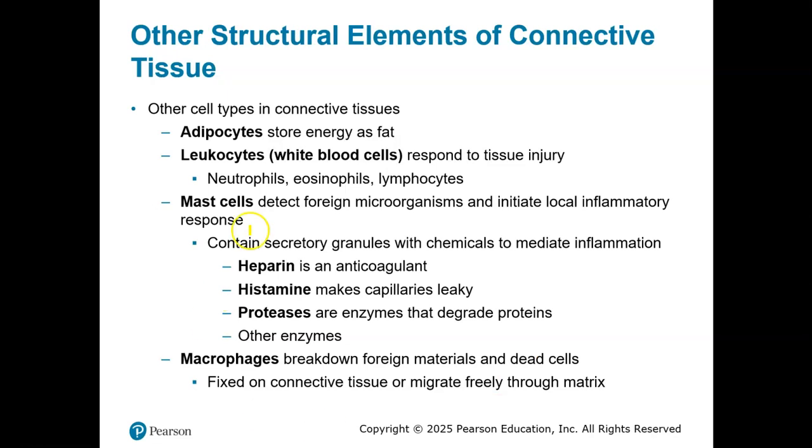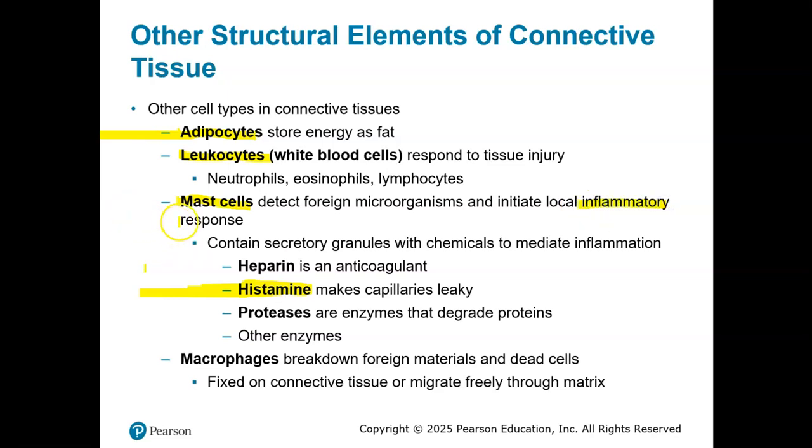And other cells will be adipocytes, which are fat cells. Leukocytes is just the name for white blood cells. There's all different kinds. Mast cells are cells that release histamine and other chemicals. They have a role in the inflammatory response and defending us against microorganisms, but mainly they're involved in the inflammatory response.